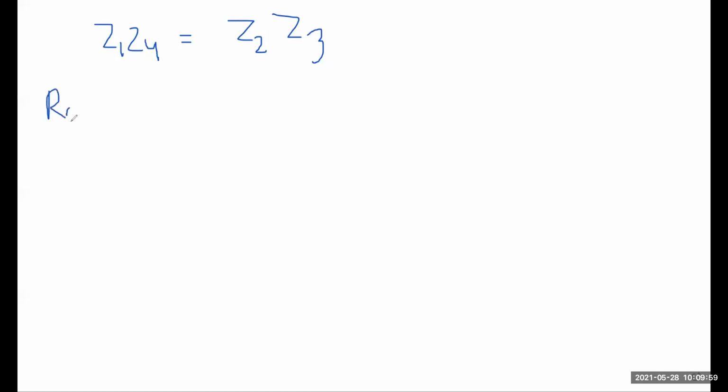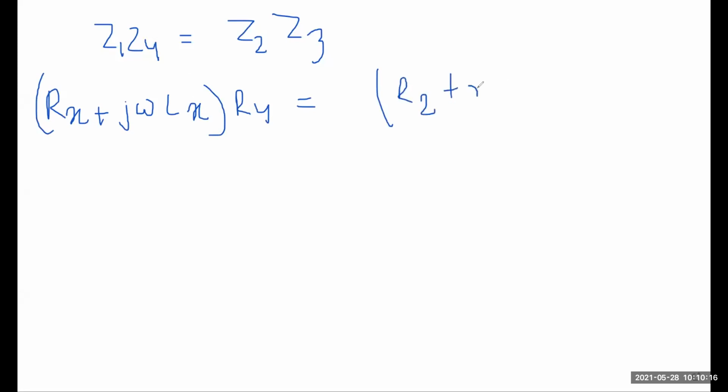Z1 is definitely Rx plus j omega Lx, multiplied by R4. Clear? This is my Z1 Z4. And what is Z2? Z2 is R2 plus internal resistance small r2 plus j omega L2, multiplied by R3. So this is my equation coming.